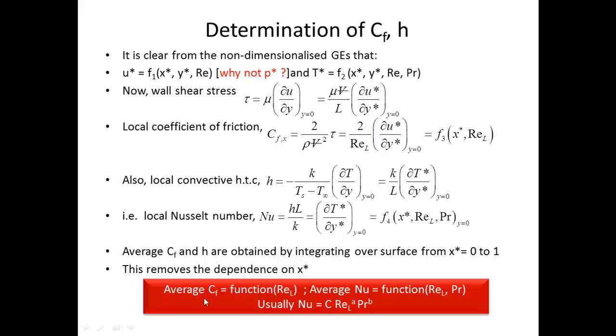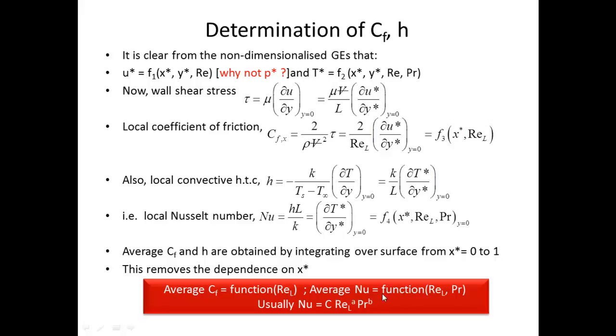So therefore, the average value of the friction factor now becomes only a function of the Reynolds number, since we have removed the dependence on x star by averaging it. Likewise, the average Nusselt number becomes a function only of Reynolds and Prandtl number, as we have removed the dependence on x star by integration.